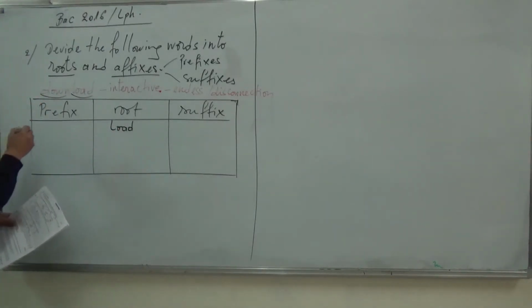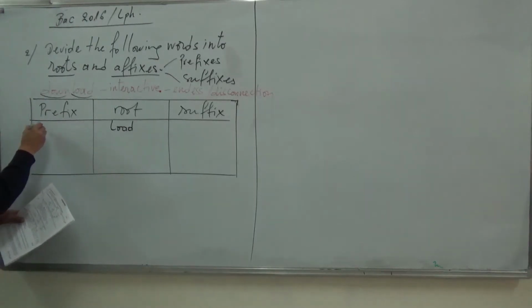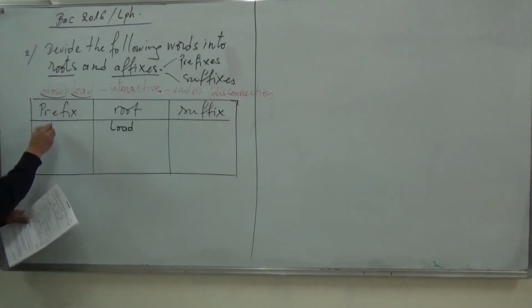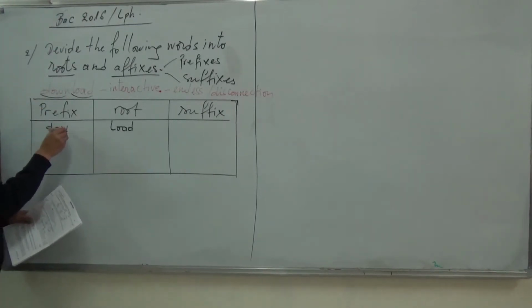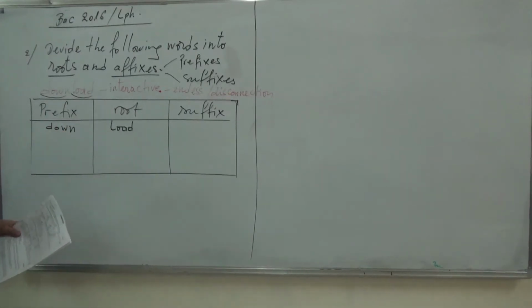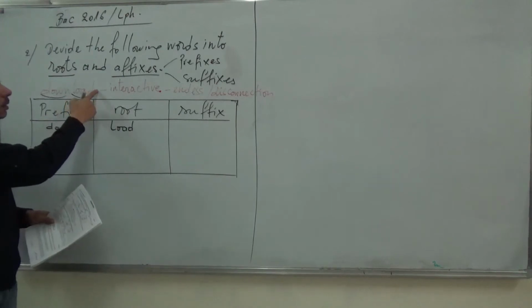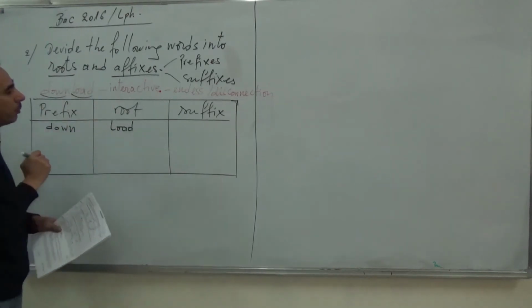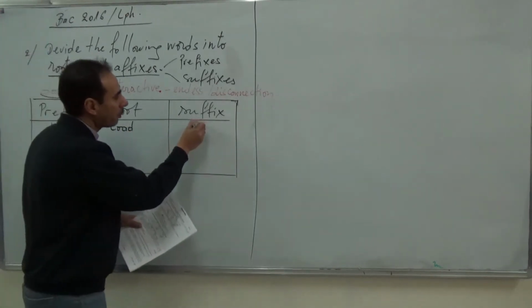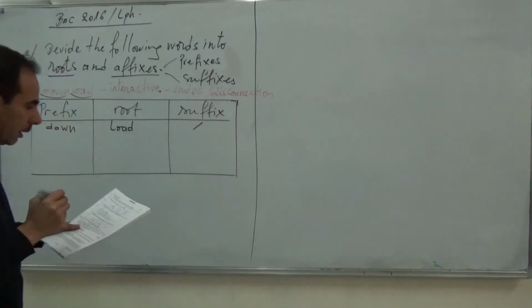And since down comes before, we are going to put it as a prefix. Is there something after the verb? No, so we don't have a suffix.